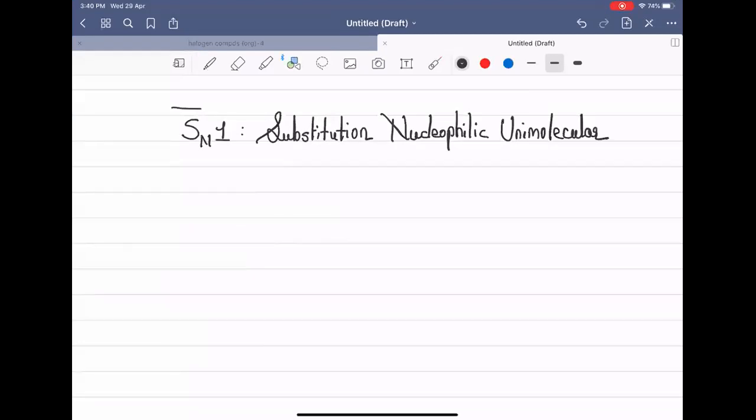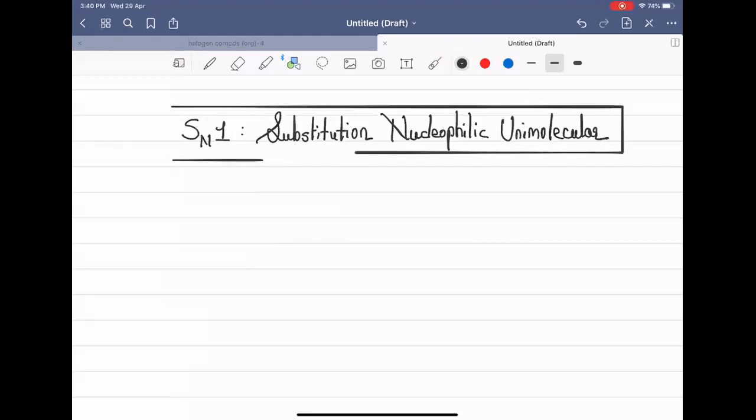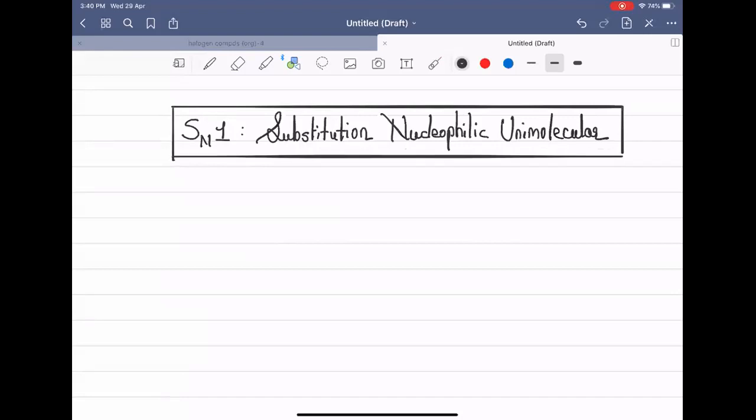Now, any such reaction would always take place in two steps. SN1. Why is it called SN1?